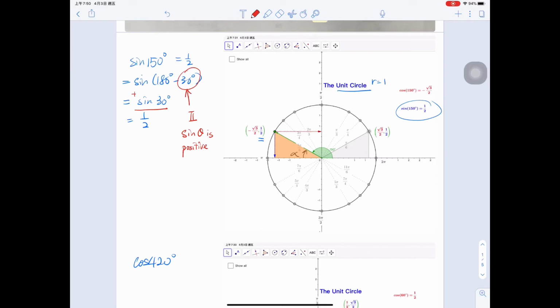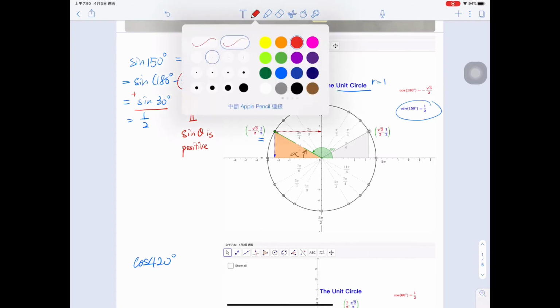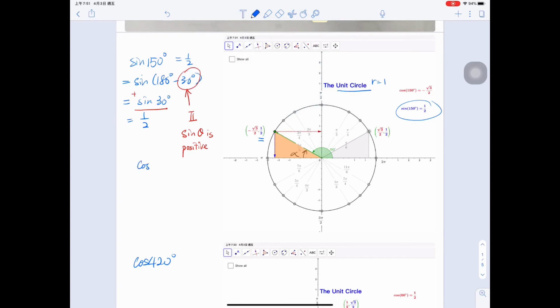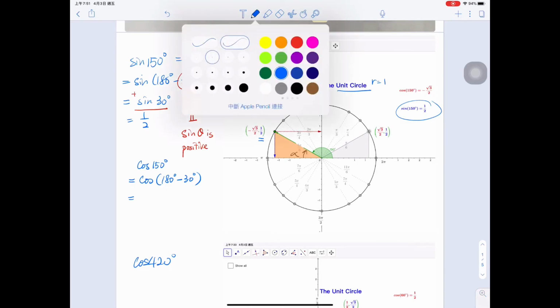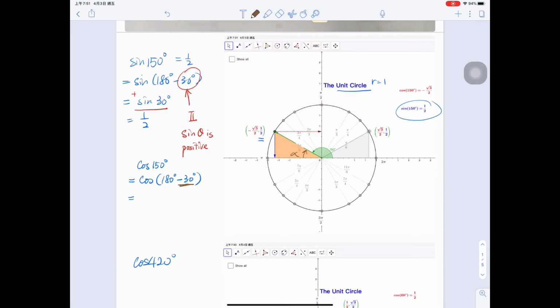Okay, then how about cosine? Cosine 150 degrees, let's see. Cosine 150 degrees, we can say as cosine of 180 minus 30 degrees. Right. And use the same triangle, the orange one. The reference angle here is 30 degrees, same as just now.